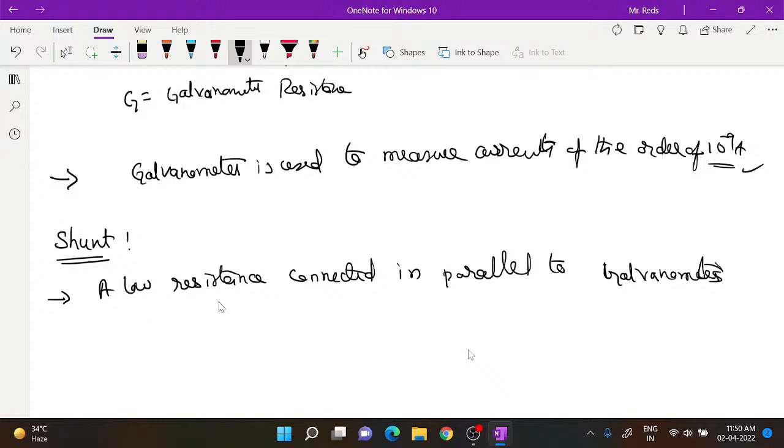More clearly, you can write down: a small or low resistance connected in parallel to a galvanometer to protect it from large currents is called a shunt.